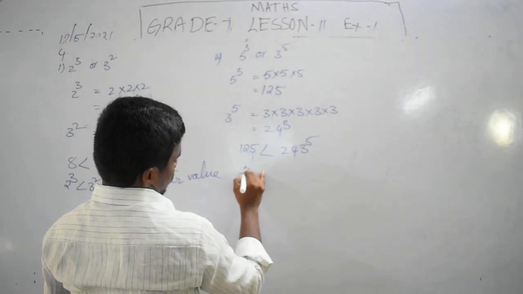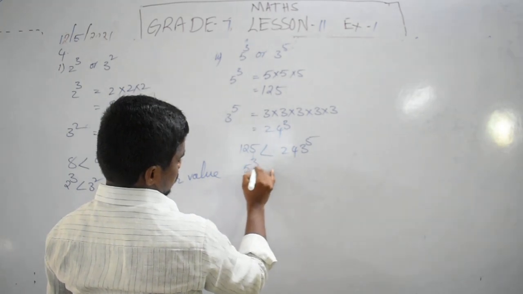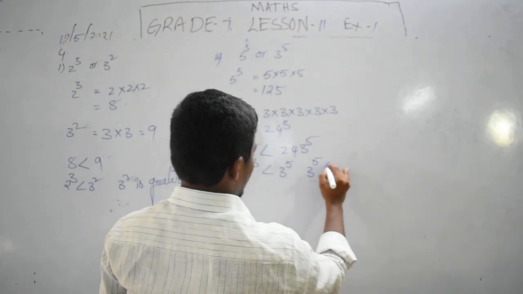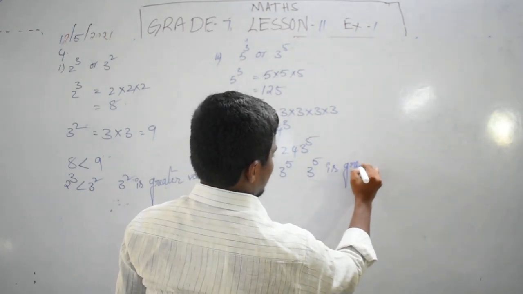So 5 cube is less than 3 power 5, and 3 power 5 is the greater value.